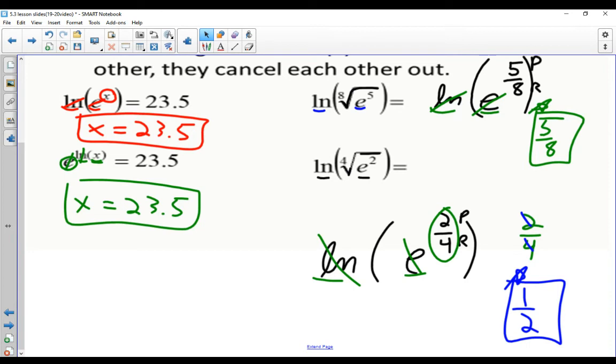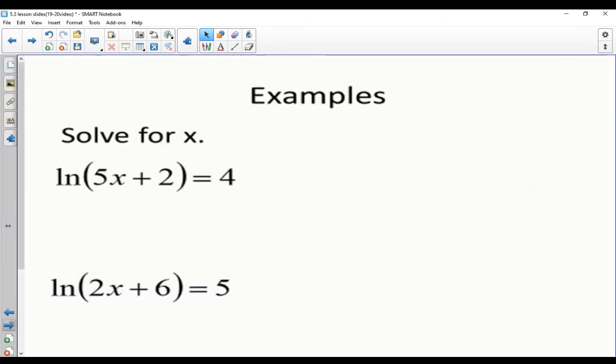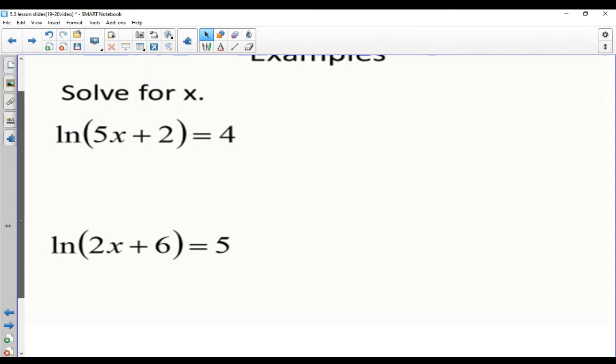All right. Seems easy enough. Now, there's another type of example I need to cover with you real quick, and you are going to need your calculator with you if you have it on you. Now, these types of examples are a little tricky.